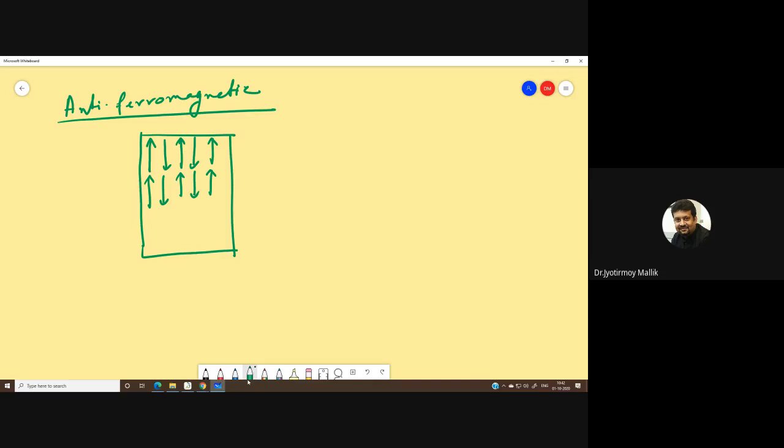Then there is something called spin-centered antiferromagnetism. So this is antiferromagnetic, but slightly different looking.